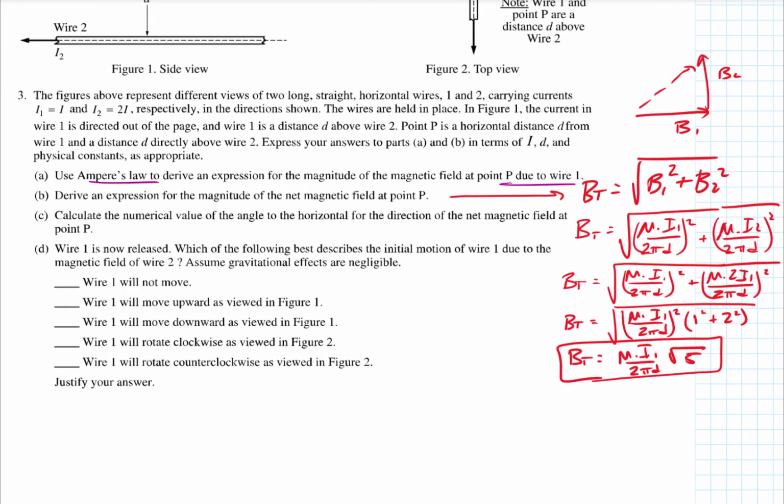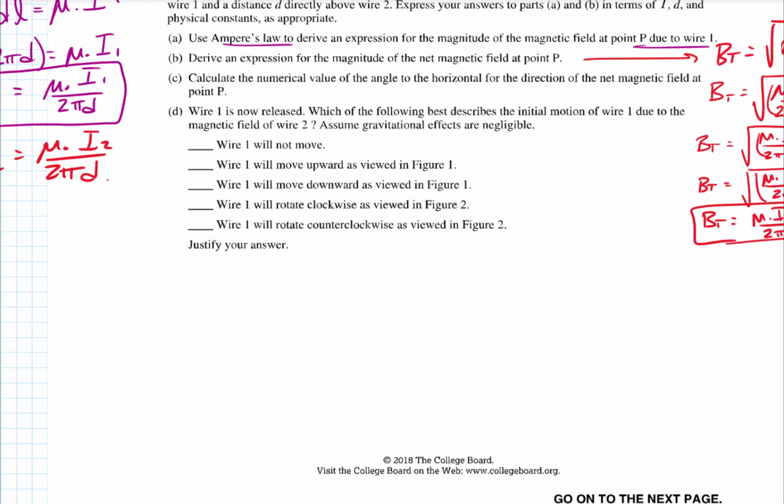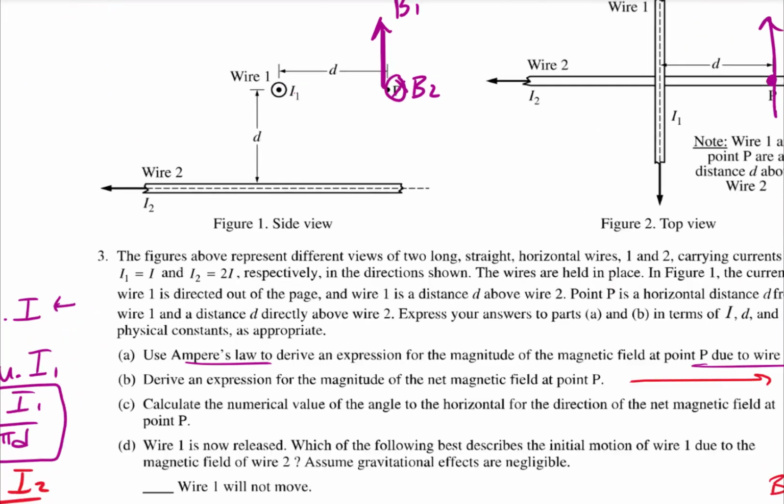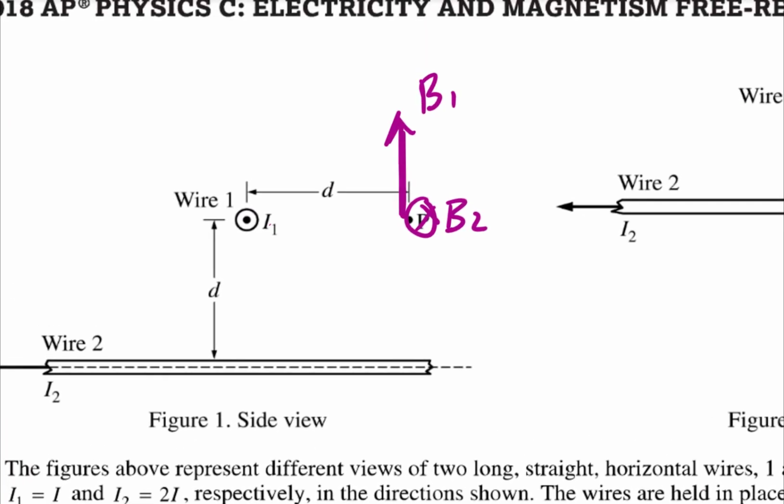Part C, calculate the numerical value of the angle to the horizontal for the direction of the net magnetic field at point P. So, cool. All right, so what we want is the angle to the horizontal. If we look at this diagram here, B2 is into the page and B1 is up.